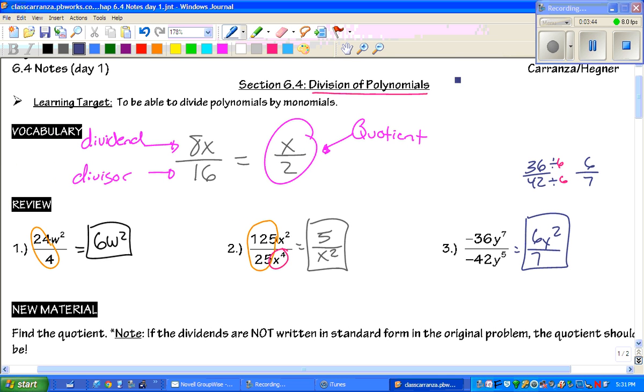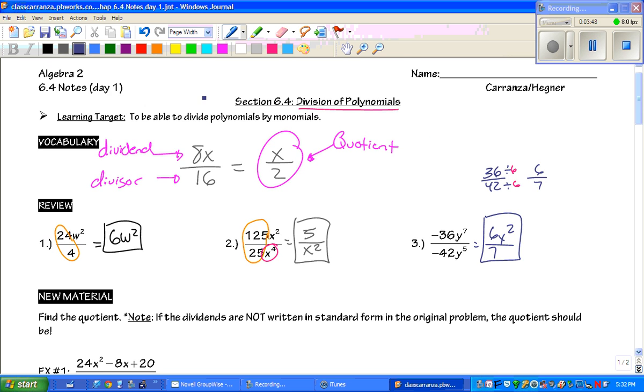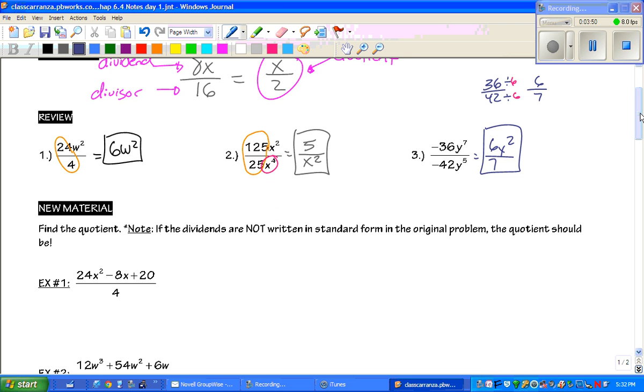Now, the new material. Find the quotient. Note, if the dividends are not written in standard form from the original problem, the quotient should be. So always write in standard form.